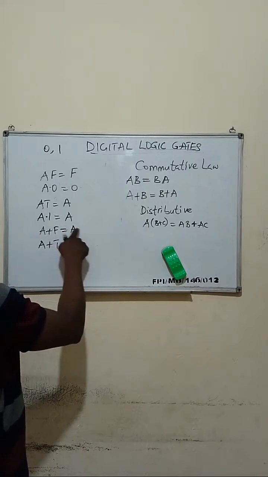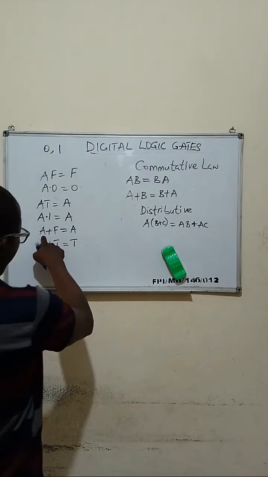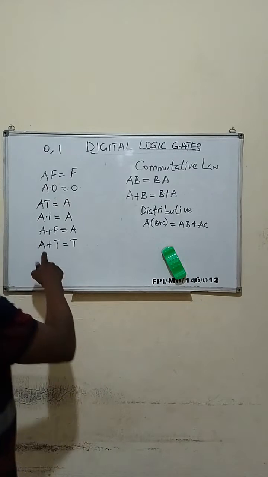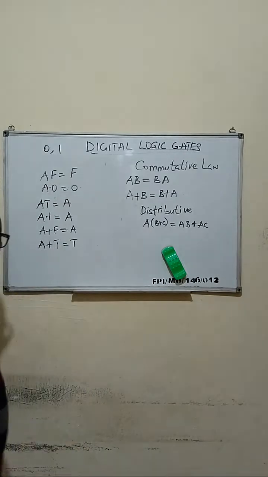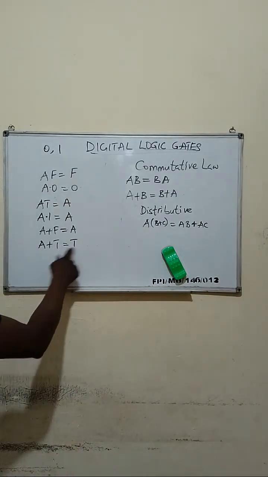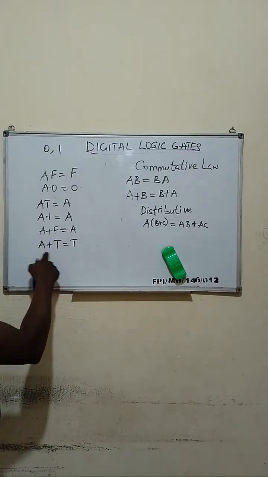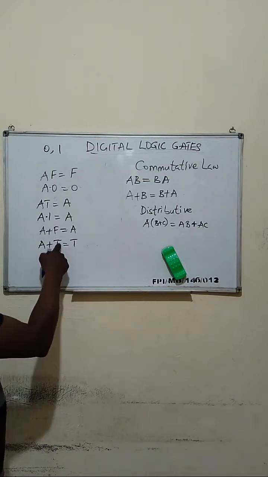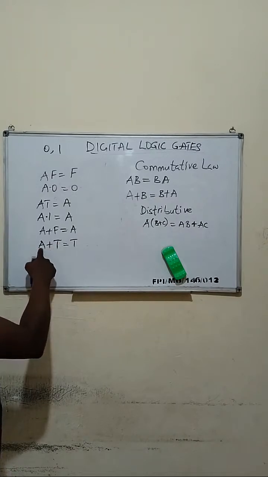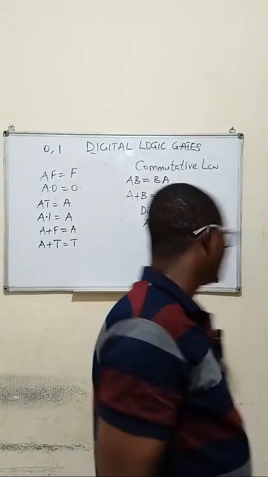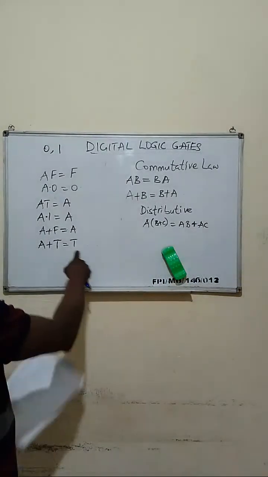If A is 0, the final answer here will be 0. If A is 1, the final answer here will be 1. That's what that means. Now, we also have that A plus T is equal to T. That is, A plus true. True means 1. So no matter what A is, the answer will always be true, since there is OR gate in between them. Once we have a high, no matter what A takes, whether A is 0 or 1, we're going to have a 1 at the output, a true at the output.